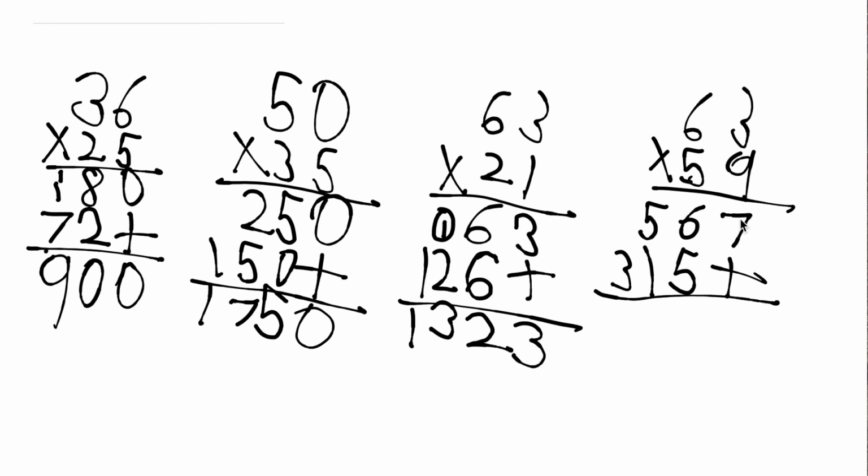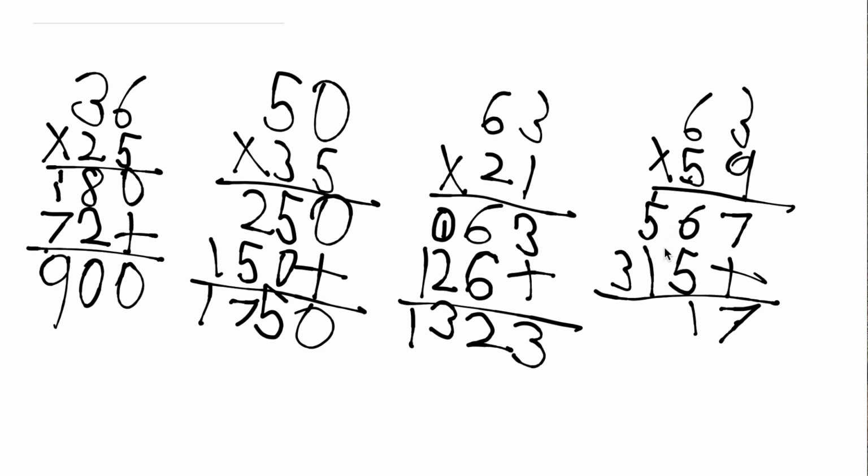So 7 plus imaginary 0 is 7. And 6 plus 5 is 11. So we put 1 here and 1 on top of here. So 1 plus 5 is 6.